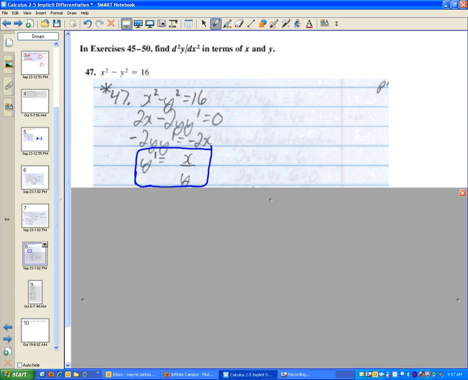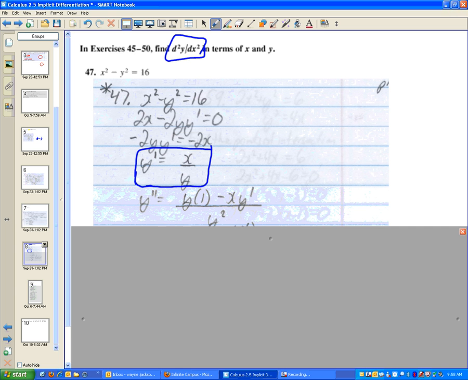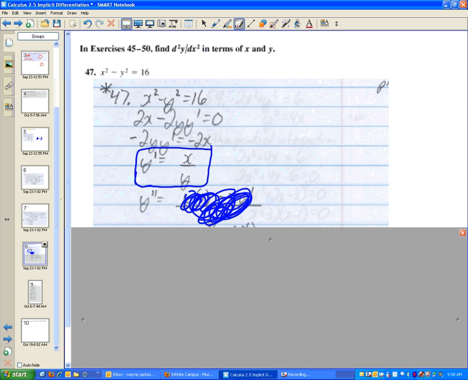All right. We're supposed to find the second derivative. Do it again. Well, the derivative of y prime is y double prime, so we're good there. That's the notation for second derivative. There's a reason, and I don't remember it.